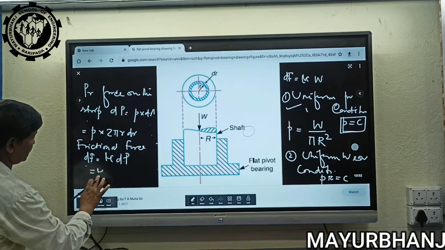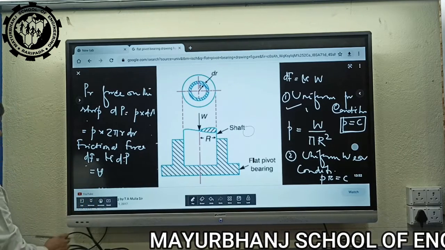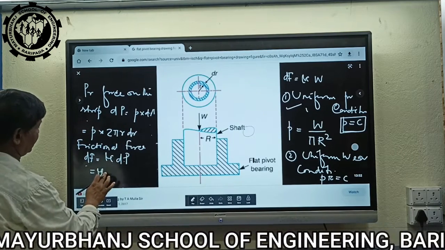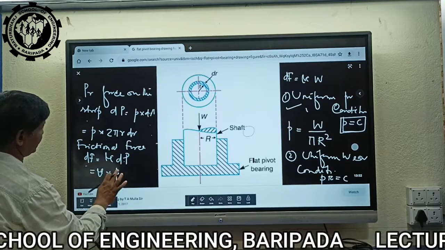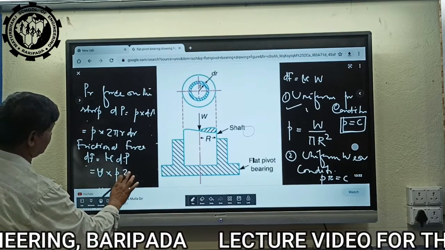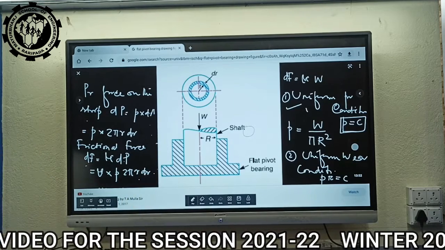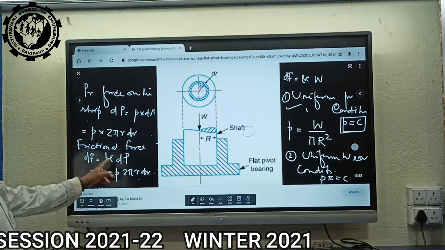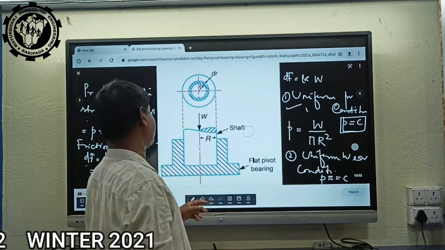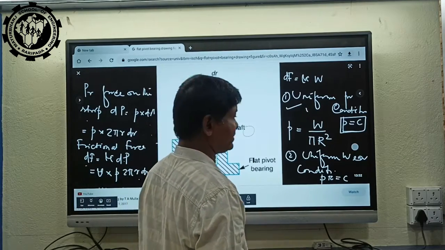So mu is here and dP is written as P into 2 pi r dr. That is the total frictional force acting on the elementary strip.